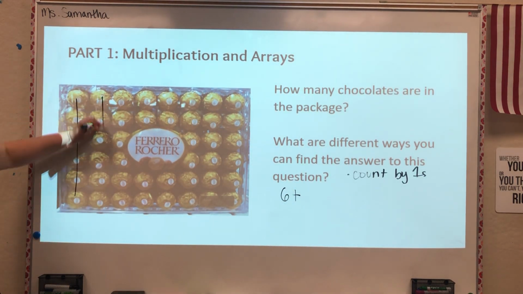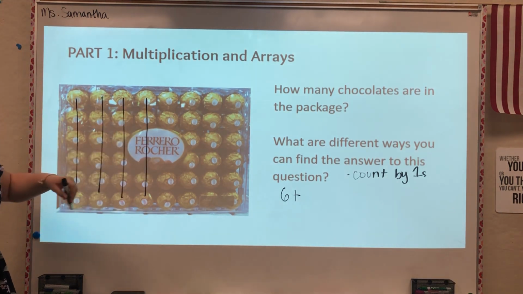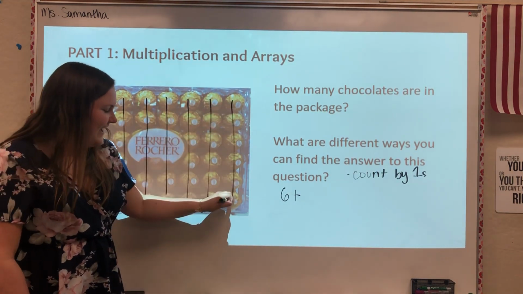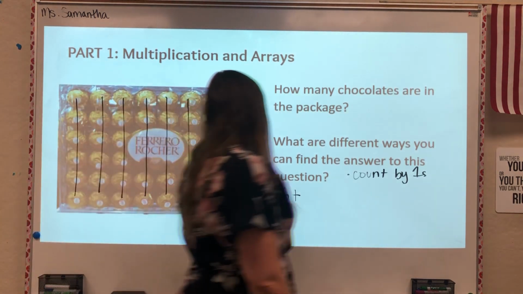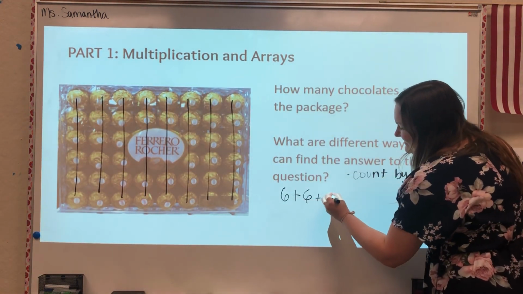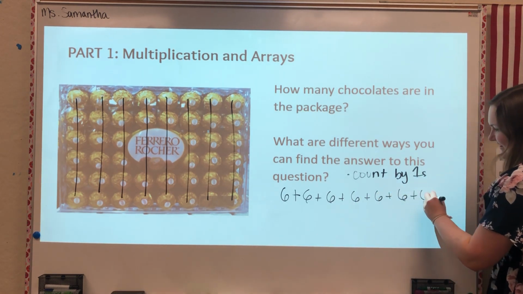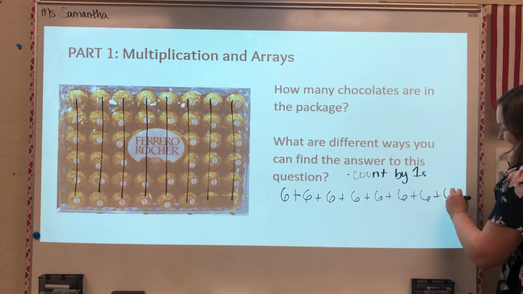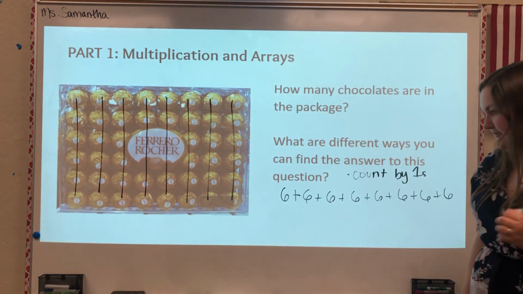There's 1, 2, 3, we're going to assume there's more here, 4, 5, 6, 7, 8. So that would give me 8 sixes. I've got 6 plus 6 plus 6 plus 6 plus 6 plus 6. I've lost track. 1, 2, 3, 4, 5, 6, 7, 8. So this is another way to do it, right? You could just add up all of those sixes.